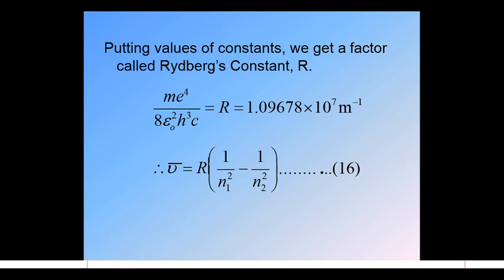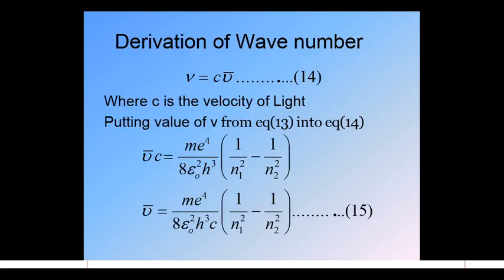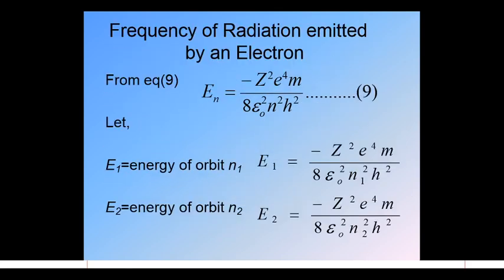Putting all the constants together, that constant is given a name, Rydberg's constant R, which is equal to 1.09678 into 10 raised to 7 meter inverse. So nu bar, which is 1 by lambda, is equal to R into 1 by n1 square minus 1 by n2 square.